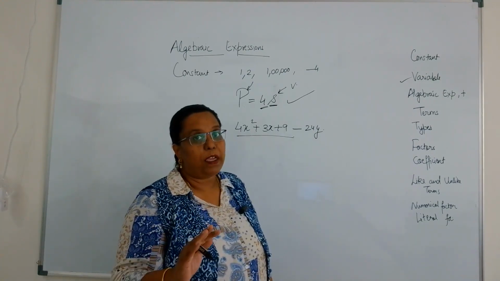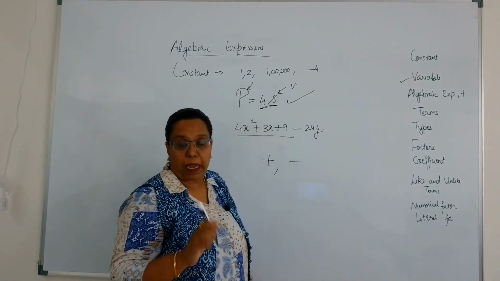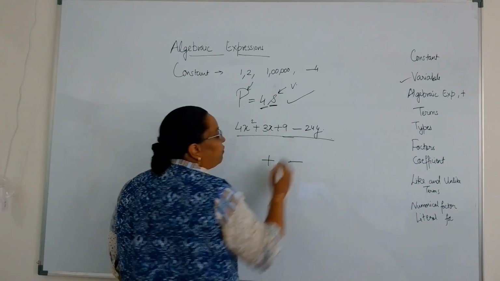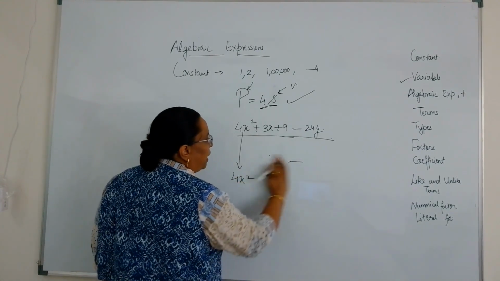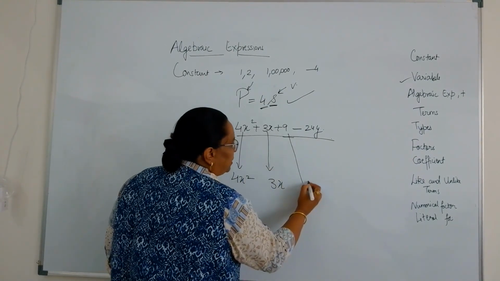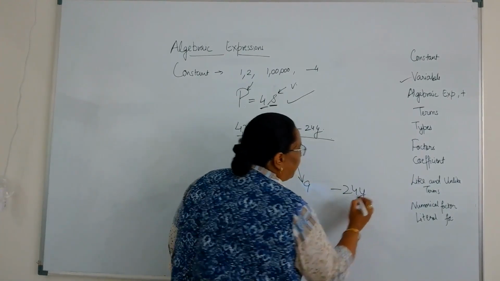Terms are always separated by plus and minus. Mind it, this is plus and minus. So in this expression we have 4 terms. One is 4x square, another term is 3x, third term is 9, and fourth term is minus 24y.